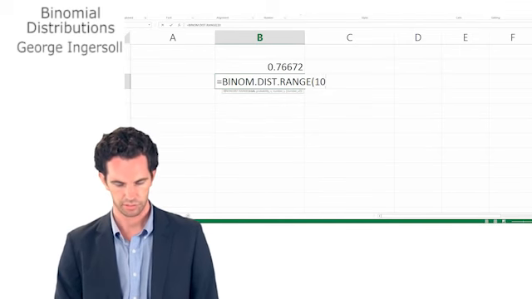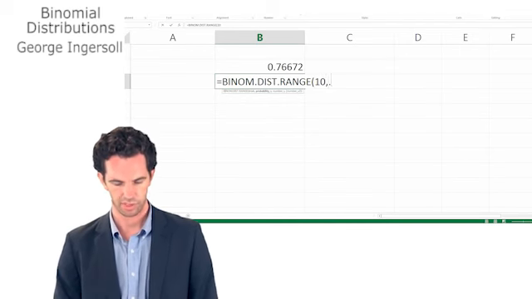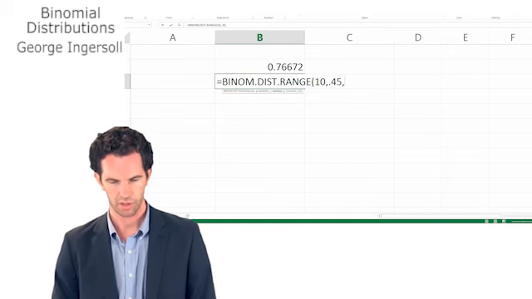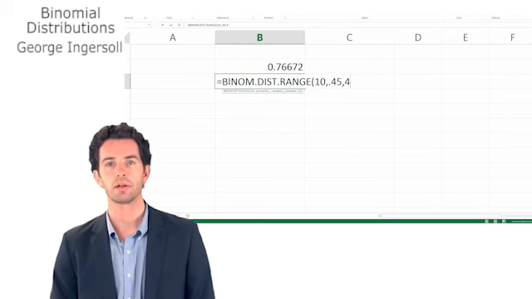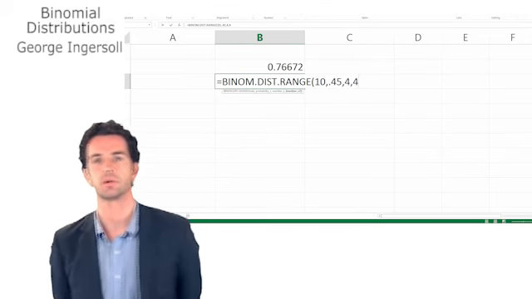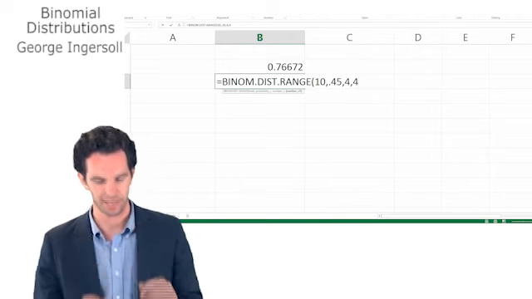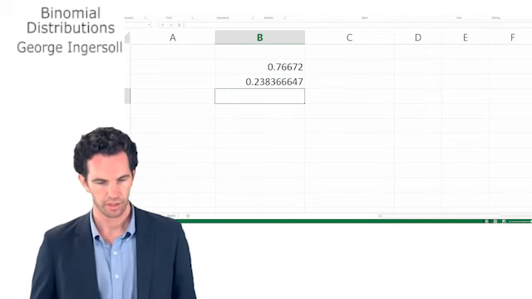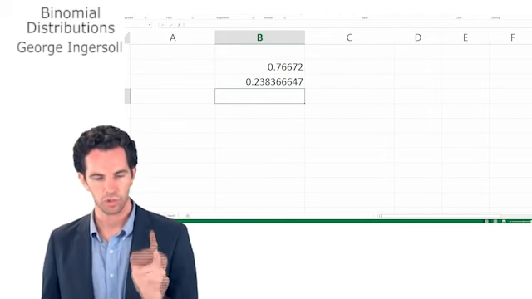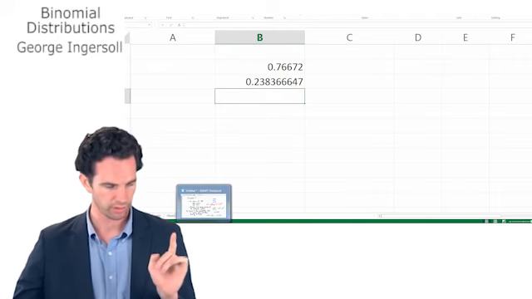Our n is 10. Our probability is 0.45. Our lower end of the range is 4, and our upper end of the range is also 4. Because we just want to know exactly the probability of getting exactly 4. And so that is equal to 23.84%.